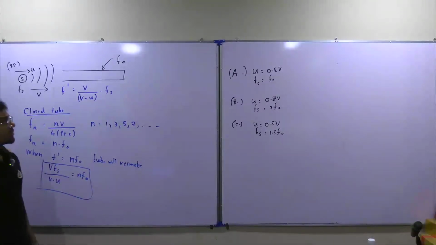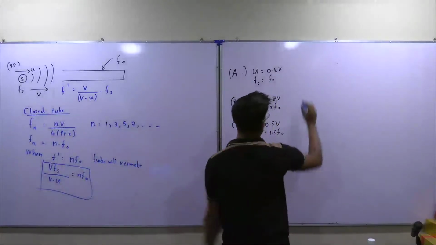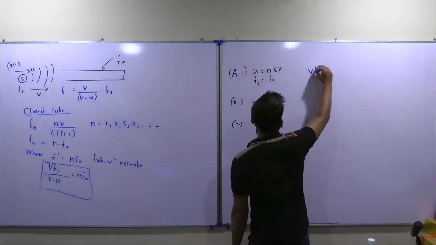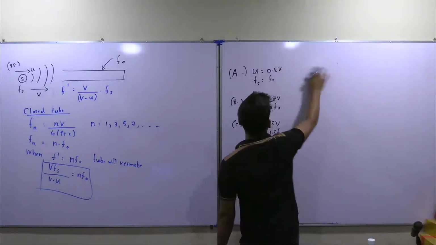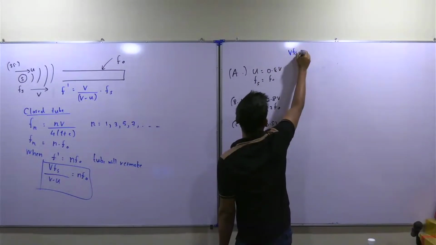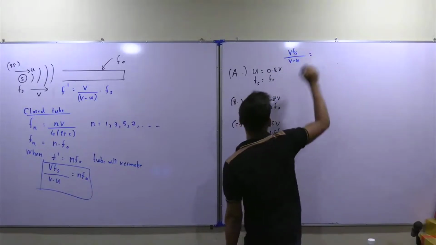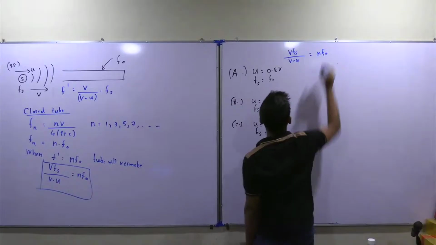Now, let's move to the first statement. This is the equation you have for the tube to resonate: vFs over (v minus u) should be equal to nF naught.